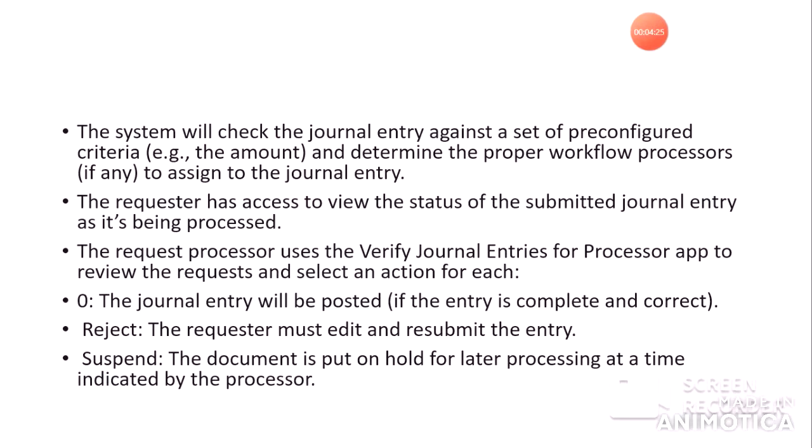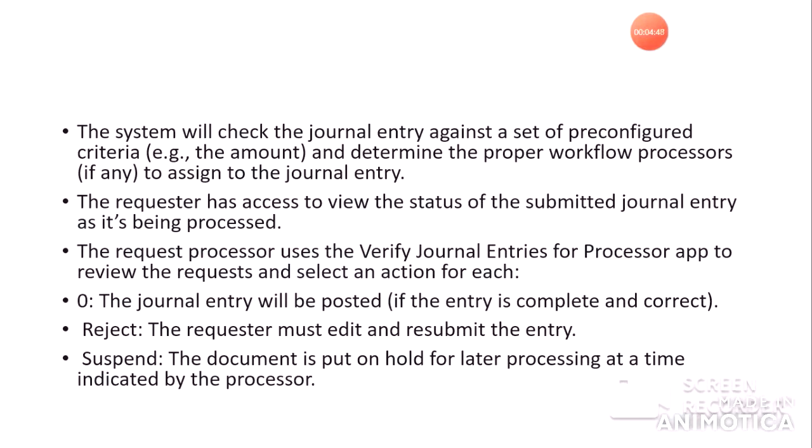The processor uses the Verify Journal Entries for Processor app to review the request and select an action for each. The journal entry will be posted if the entry is complete and correct. For reject, the requester must edit and resubmit the entry.